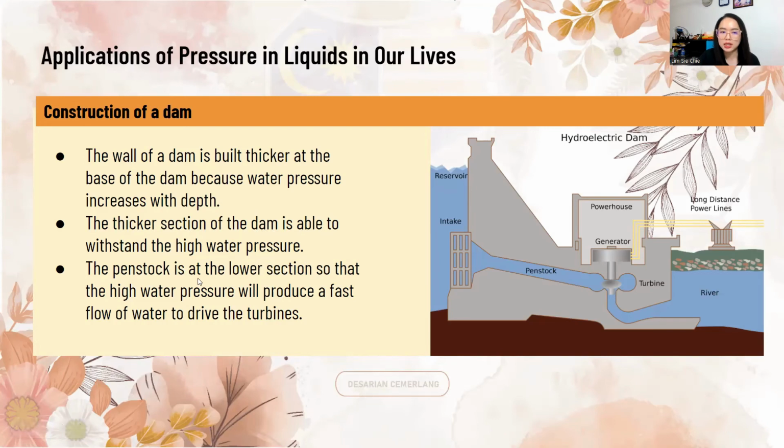The penstock is at the lower section, so that the high water pressure will produce a fast flow of water to drive the turbines. When the turbine is being driven, it will generate electricity. Now, this is a very interesting thing.